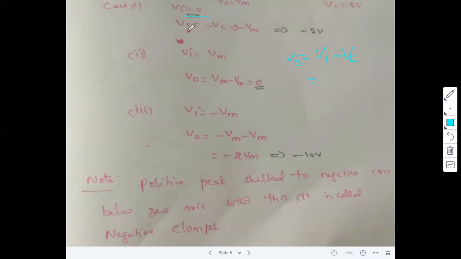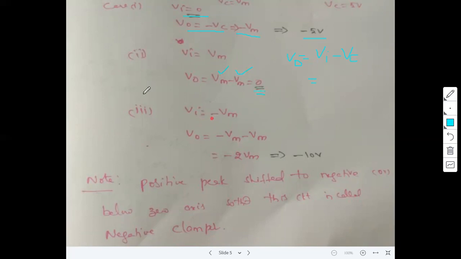When Vi is equal to 0, V naught is equal to minus Vc, that is minus Vm. If the input is 5 volts, the output is minus 5 volts. Then Vi is equal to Vm. Again the voltage across the capacitor is also Vm, and the output is equal to 0.